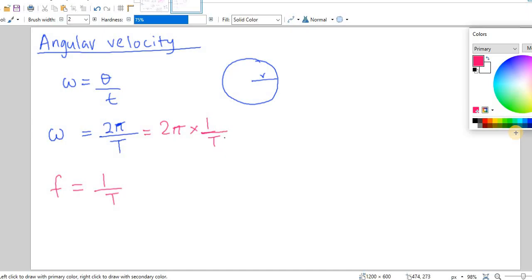So 2 pi and so on. Now what is 1 over T? That is f, the frequency. So I can write this is equal to 2 pi f. So omega equals 2 pi f. That's how they get the other equation.